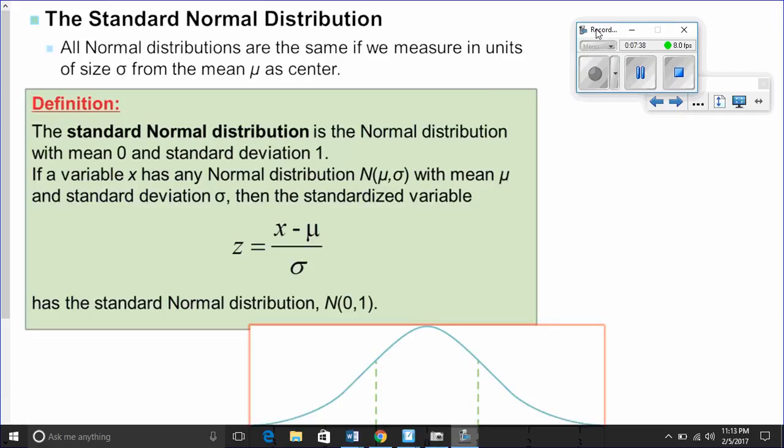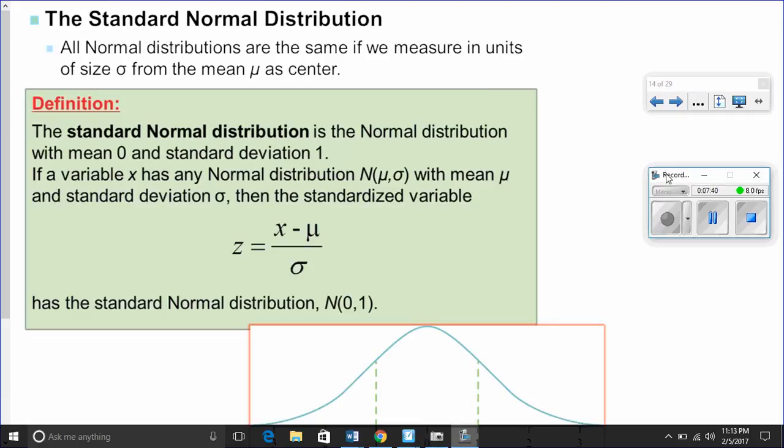So the next thing I want to talk about is the standard normal distribution. If we were to standardize every single value in our data, using the Z formula that you see up there, which we learned in section 1, then we would get the standard normal distribution.